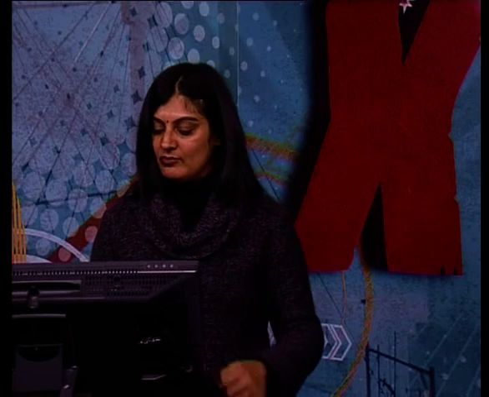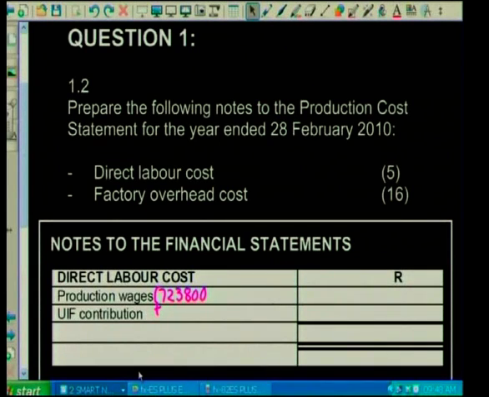Let's take this amount through, because remember, we are only looking at expenses in terms of your production cost statement, in terms of your direct labor cost calculation. So that 6,200 is now going to increase my production wages.